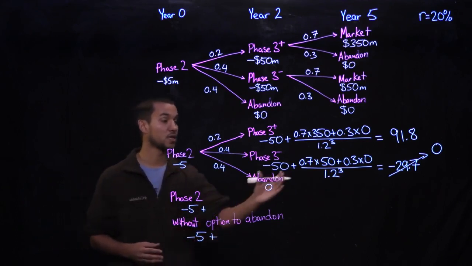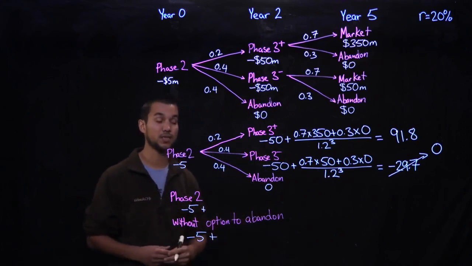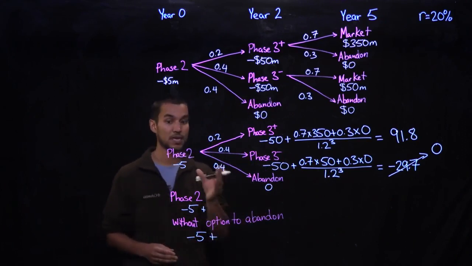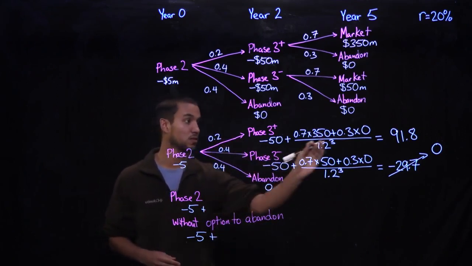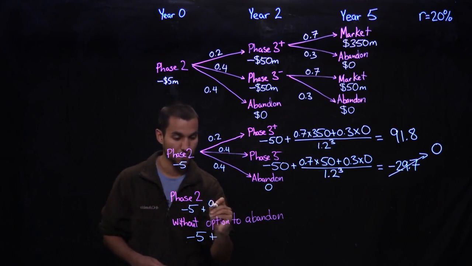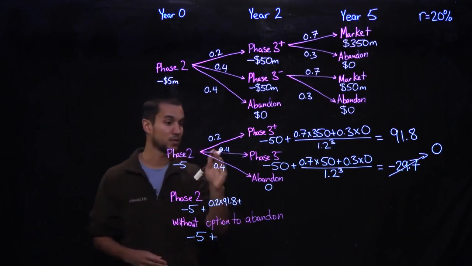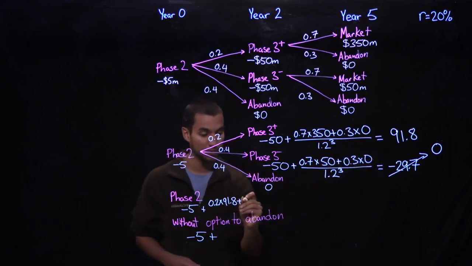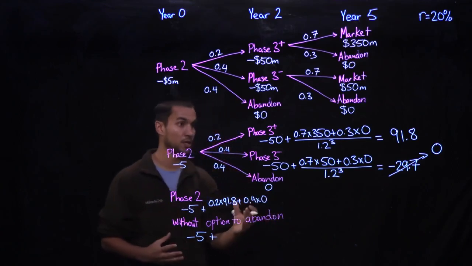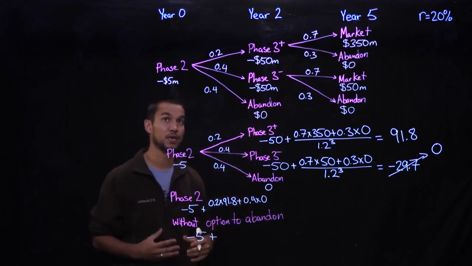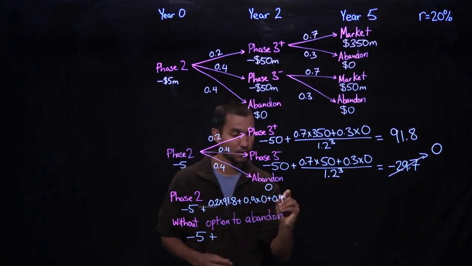And so now we're going to calculate the expected cash flows in year 2, and we're going to discount them back to year 0. So the expected cash flows in year 2 are going to be equal to 0.2 times 91.8, plus 0.4 times 0, because we decided to abandon the project in this scenario, plus 0.4 times 0.